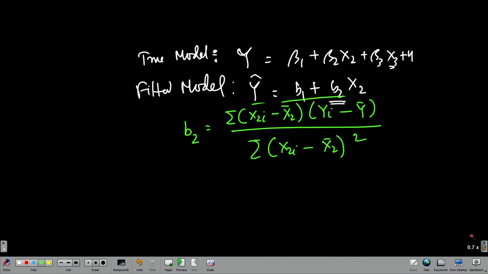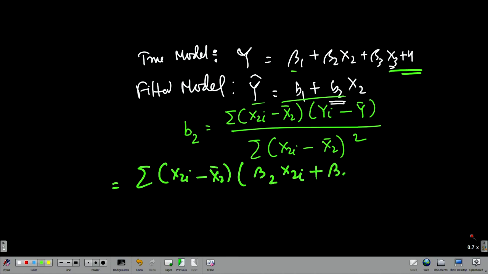Then it will be equal to x2i minus x2 bar into yi, which I get from this model, which is essentially beta 1 (this component is going to vanish) plus beta 2 x2i plus beta 3 x3i plus ui, minus beta 2 x2 bar minus beta 3 x3 bar minus u bar.